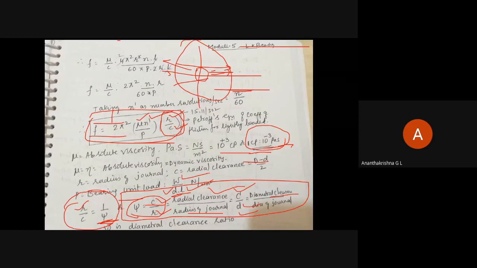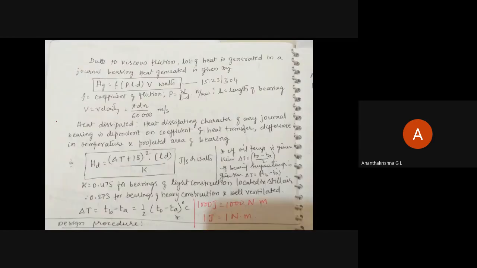So bearing unit load, if I ask you to calculate it, you should calculate W by L into D and let me know the bearing load. Then due to viscous friction, there is going to be heat generated given by this equation, and heat dissipated is given by delta T plus 18 whole square into L into D by K. So delta T is the temperature difference, and I have given one important observation here.